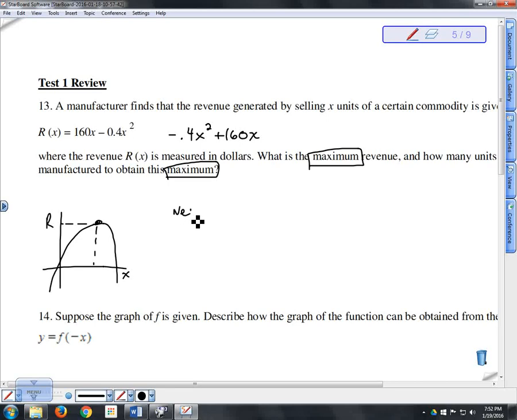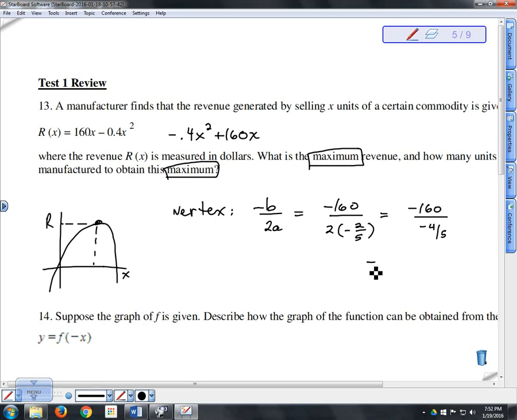I'm going to use the vertex formula rather than trying to complete the square. The opposite of b divided by 2a, so this is negative 160 divided by 2 times negative 0.4. So this is negative 160 divided by, let's see, 0.4 is 2/5, so negative 4/5.